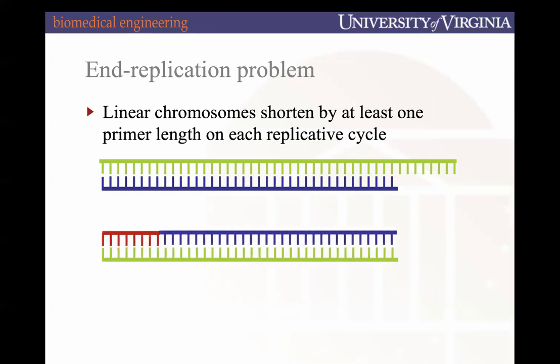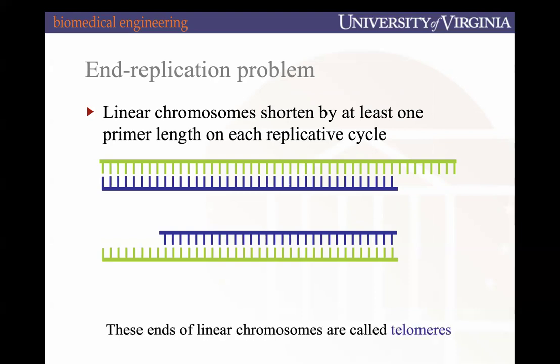There's going to be an RNA primer at the end. When it's removed, there are no nucleotides upstream from which DNA polymerase can grow. So the subsequent strand replicated here is going to be shorter by that much more. These ends of our chromosomes, you might have heard this term before, are called telomeres.